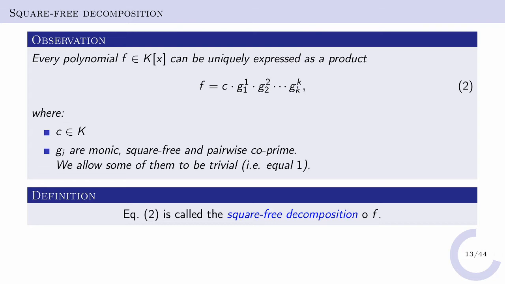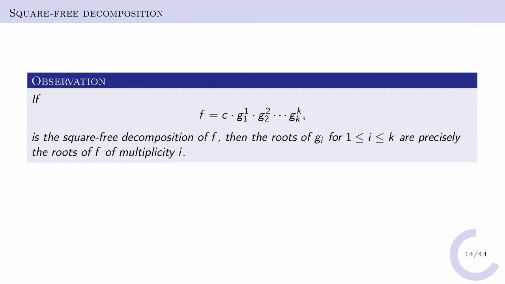And of course, there is the fact that square-free polynomials have simple roots, which is important for finding the roots. So our first observation is that we gathered the irreducible factors with the same exponents. So in particular, the roots of any Gi are exactly the roots of f of multiplicity i, because they are pairwise coprime, so they do not have common roots.